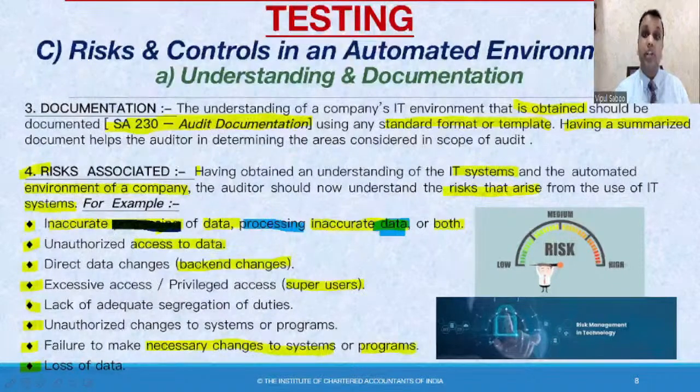The auditor does it practically. He checks whether, when I turn on the system of this particular employee, it gives me a message to punch in the ID and password, or there is no security and anybody can access the system's data just by turning it on. The auditor checks it practically.